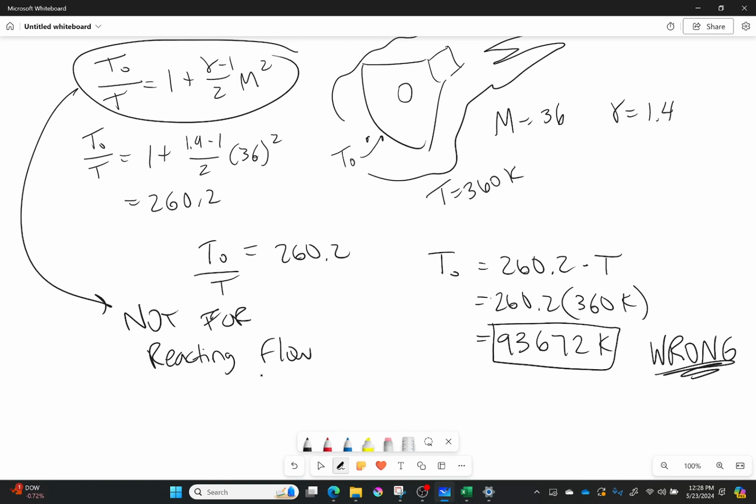So in real life, the temperature was still a balmy 11,000 degrees. But not 93,000. And also at this 11,000 degrees, air is a partial plasma. Okay, it's a partially ionized plasma. So it is no longer just air anymore.